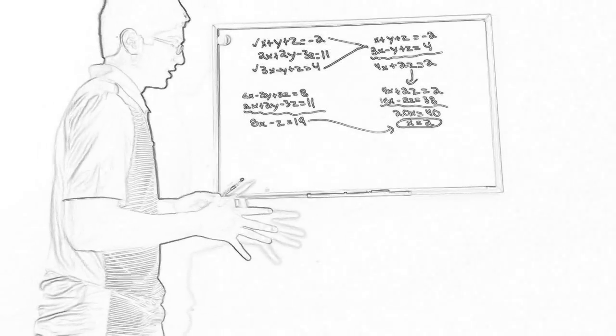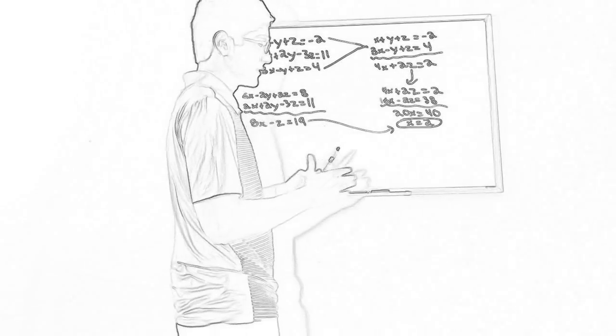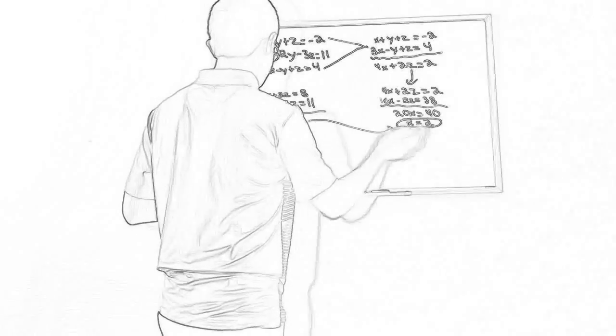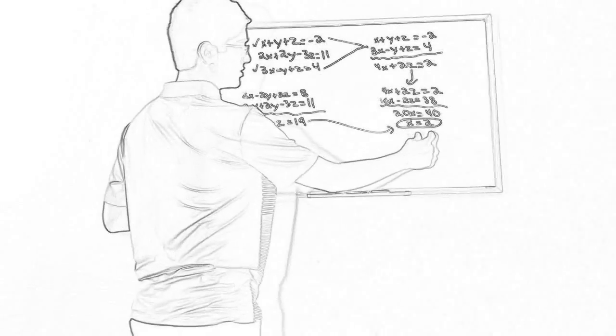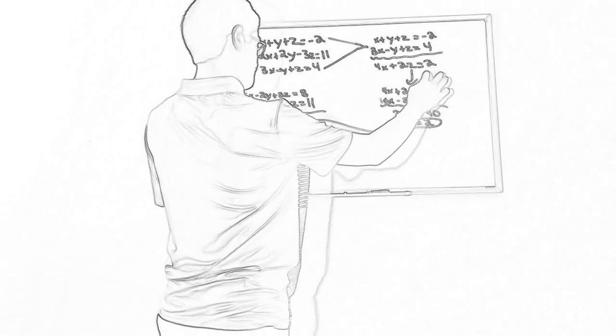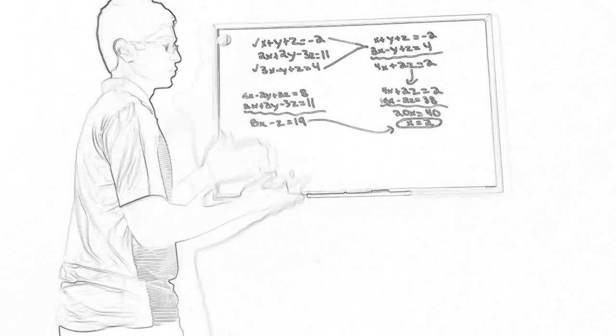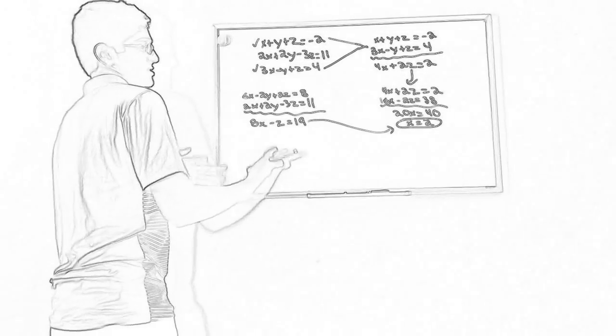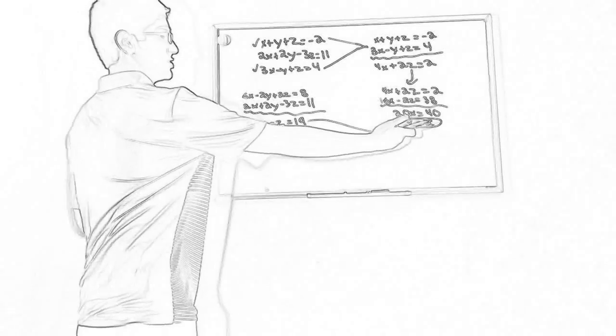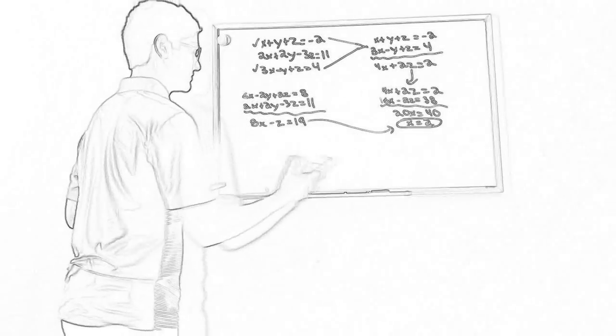Now once you have solved for one variable, you want to plug the value of this variable into any of these two equations. It really doesn't matter which equation, but this equation looks a bit more simple. So let's plug x into this equation.